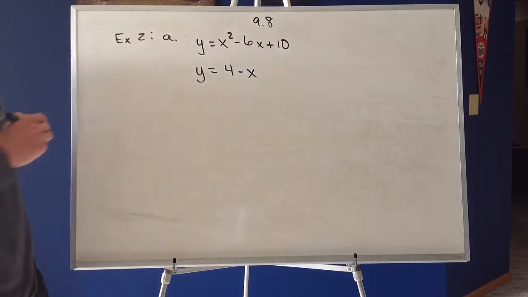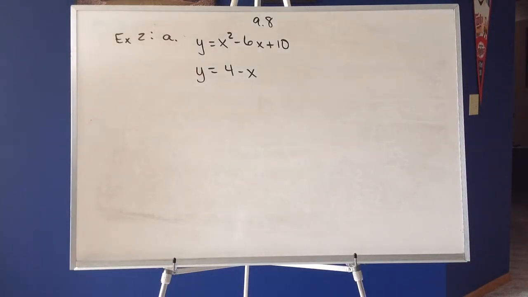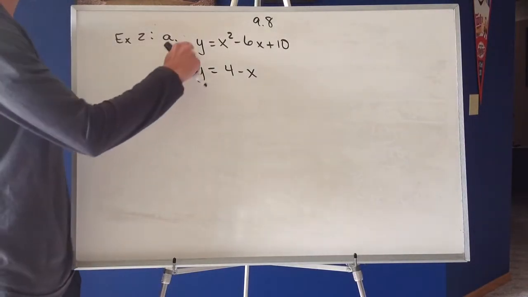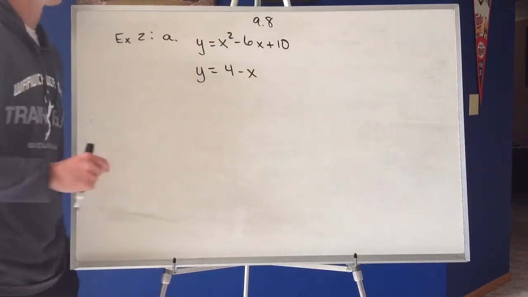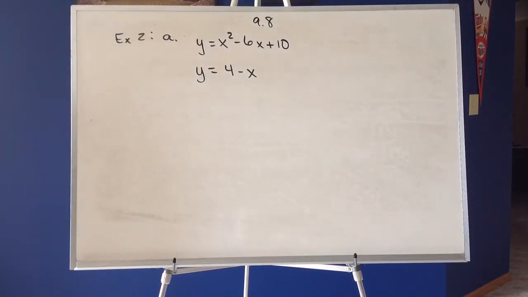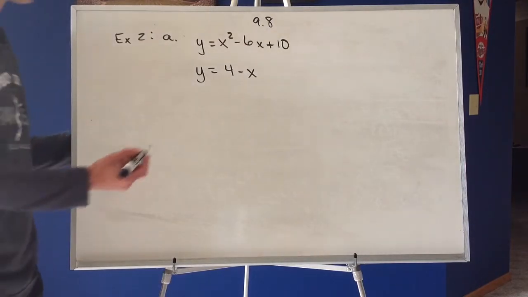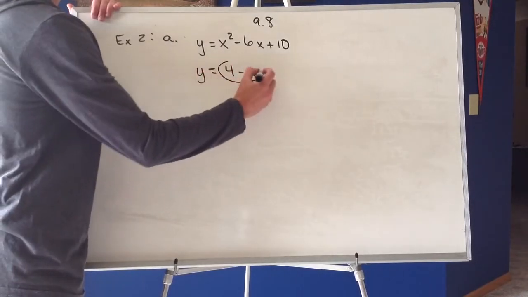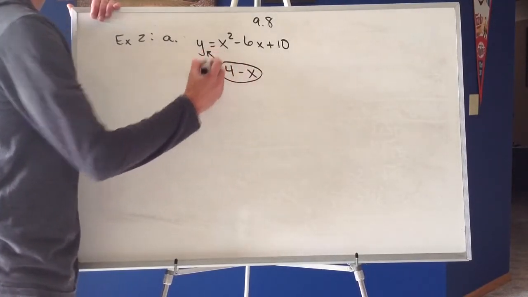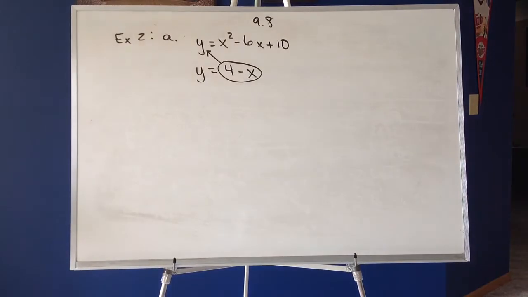Okay, so the first method we're going to do is substitution. If they're both in y equals form, it really doesn't matter which one you choose to substitute. In that case, I would probably just do the bottom one into the top because they're both in y equals form. This is going to look very familiar because we did this back in chapter 6.